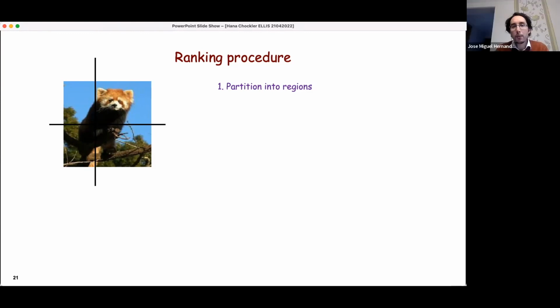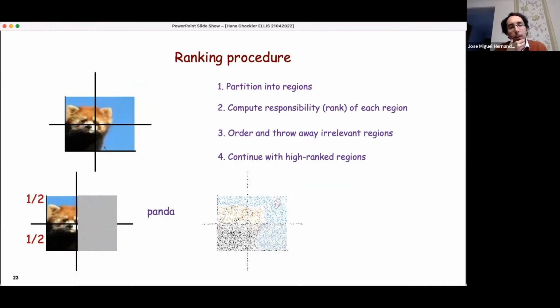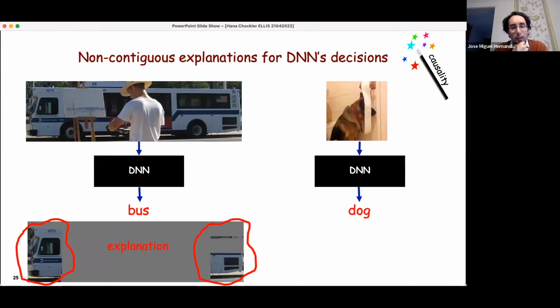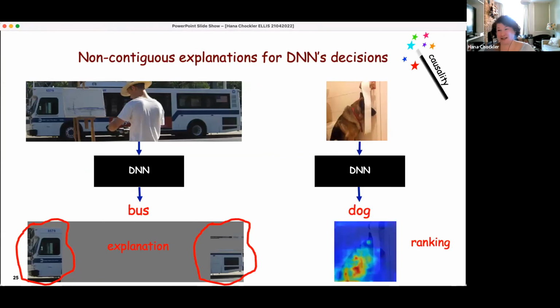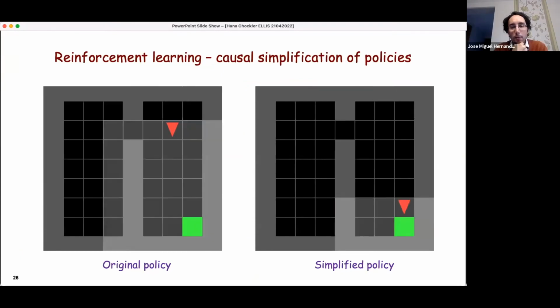Good. I have one question about the example with the policy in the reinforcement learning setting. The way I understand is that you are able to simplify the policy to obtain one that achieves the same goal, exactly or roughly the same goal, right? Could you explain a bit more how this is done? Yeah, sure.